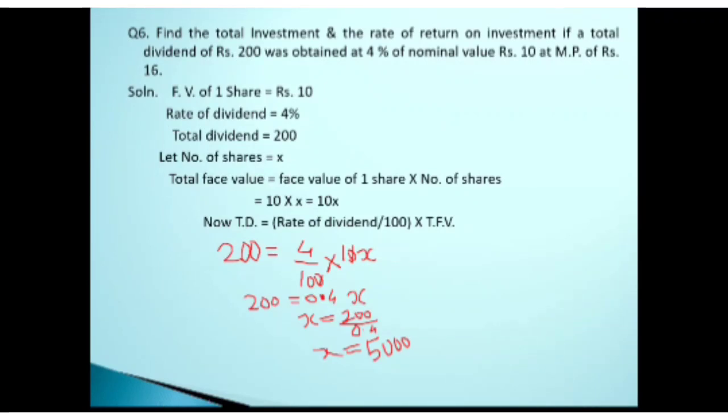All right, so 500 shares it is. So this is how you get the number of shares. Once you get the number of shares, that will be required to evaluate your total investment. So I hope by now everyone is clear with what is on the screen.